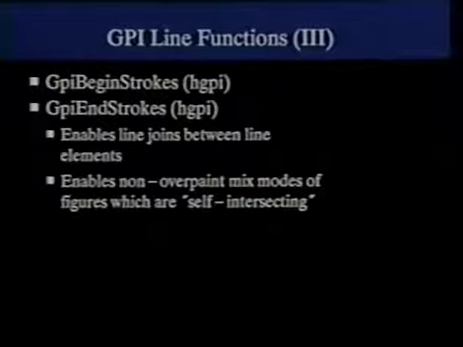If you want to anneal a number of line calls together, say, for example, you have self-intersecting borders or boundaries, or you want to draw a very complicated line, the strokes primitive allows you to bracket a bunch of line calls. What it does is to enable you to turn a bunch of what would otherwise be line ends into a set of line joins, and therefore anneal your entire figure together.